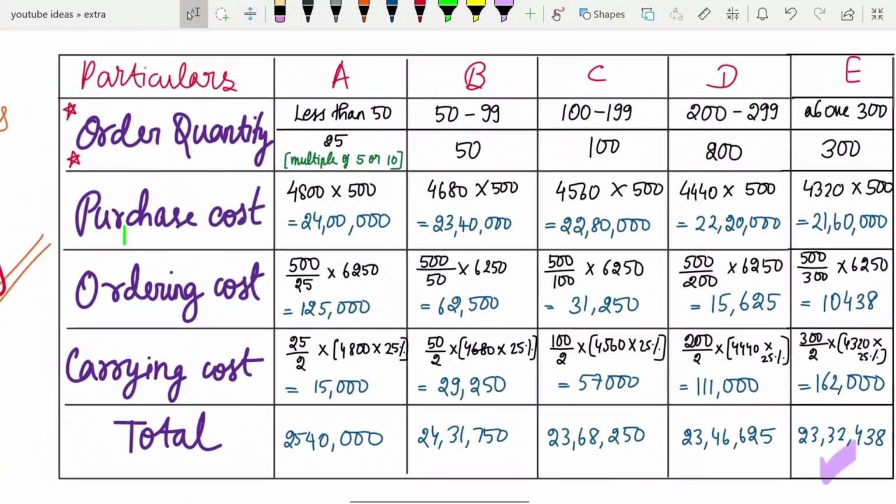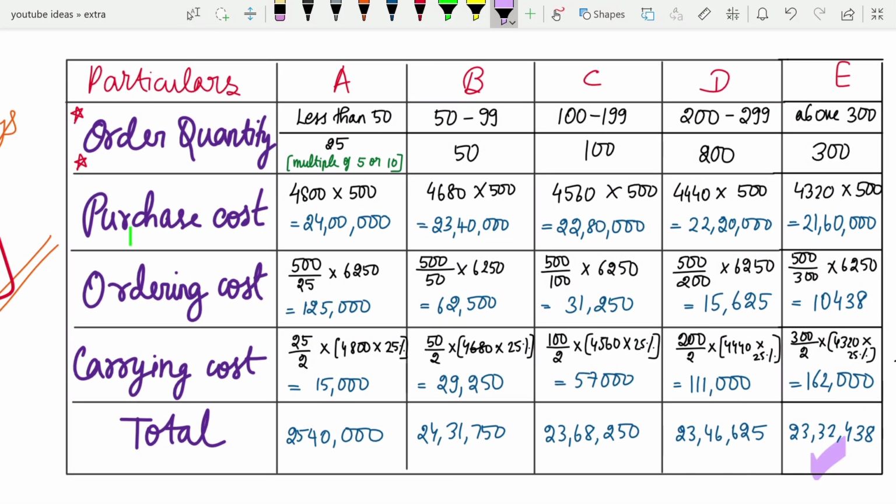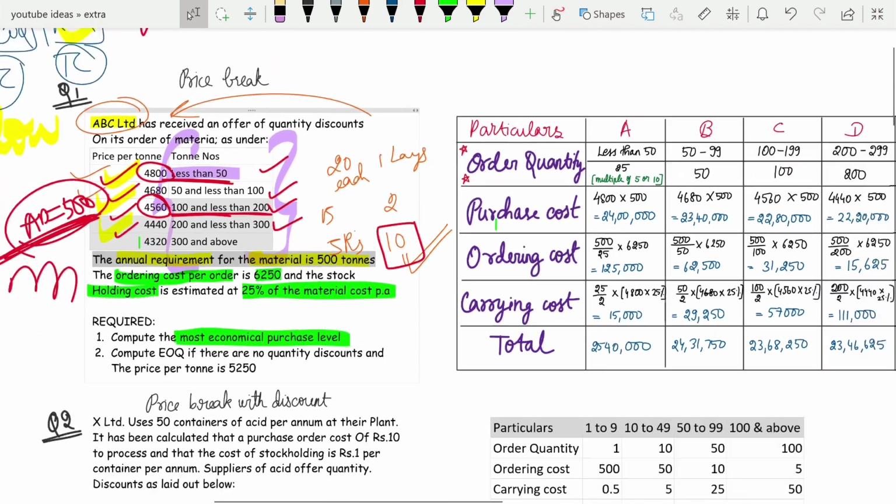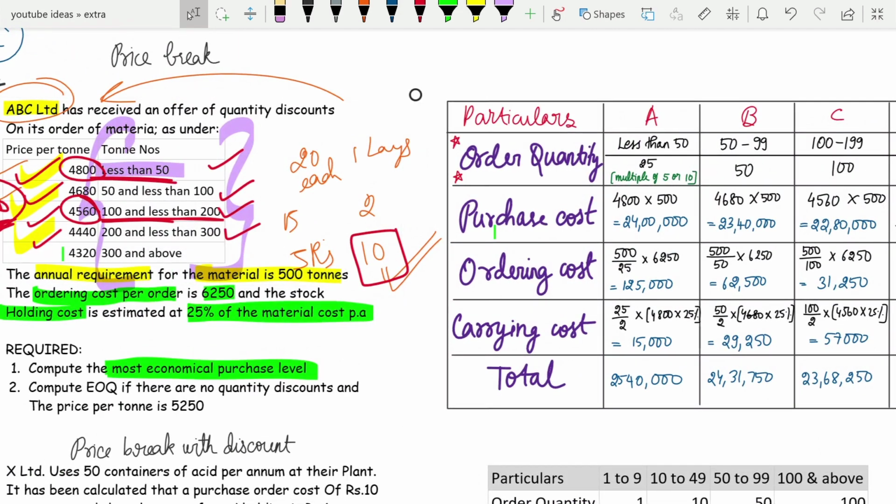Okay, so once you prepare this format, like I told you, whatever range is given here, that range you have to write it there. Suppose if it is given less than 50, you have to go here and write as less than 50.